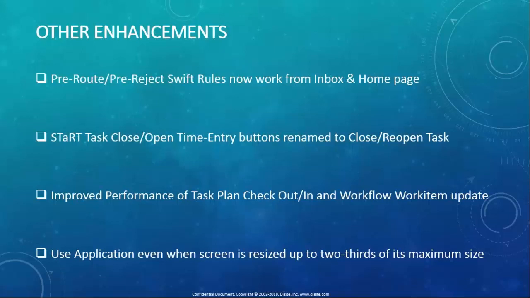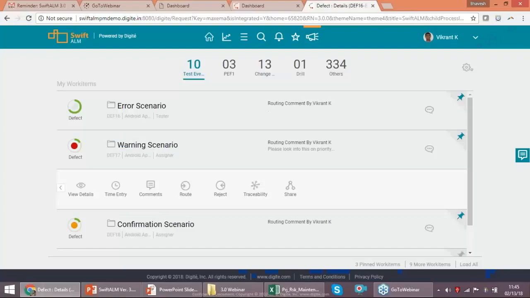And finally, for those who have been using our new UI themes, you would now be able to resize your screen to up to 2/3 of its maximum size, so that you are still able to use it.